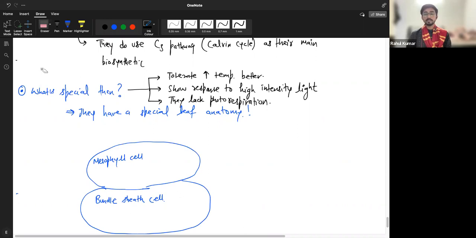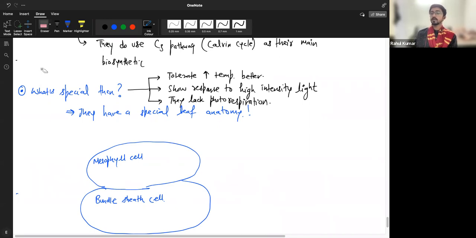Plants do photosynthesis in which they produce oxygen, but sometimes they also do photorespiration, in which they start utilizing oxygen. So Rubisco, in this case, instead of CO2 binds with O2 to form one molecule of phosphoglycerate and phosphoglycolate.